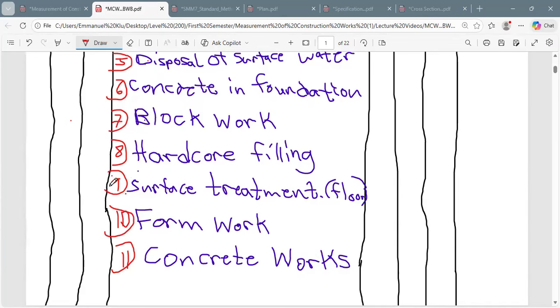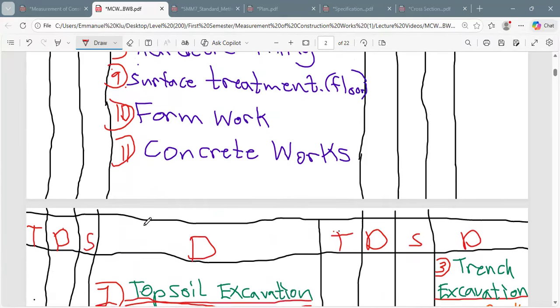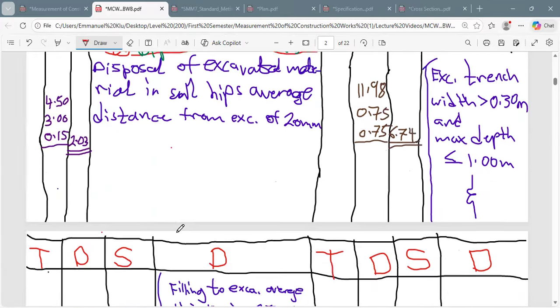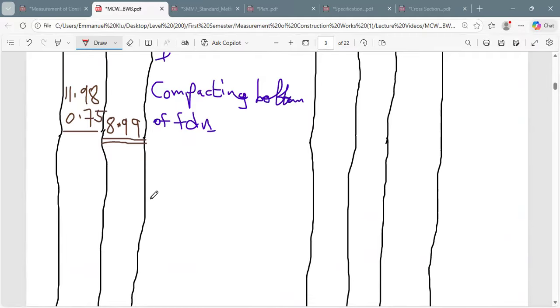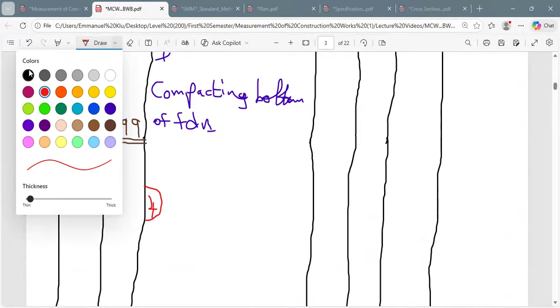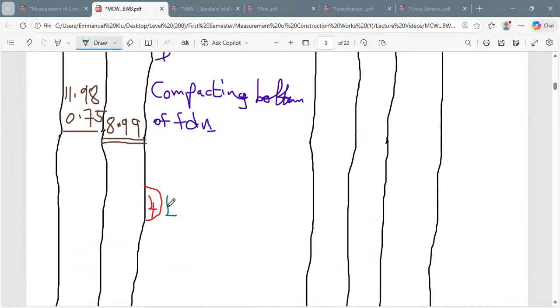All right. So our fourth one rather is what you're supposed to be looking at. Surface treatment or earthwork support. So the fourth one, earthwork support, or let me put it the other way around.